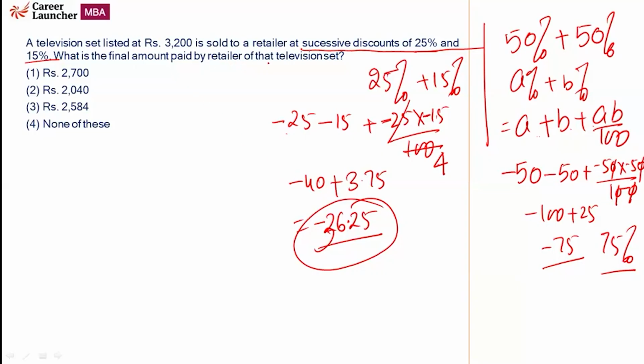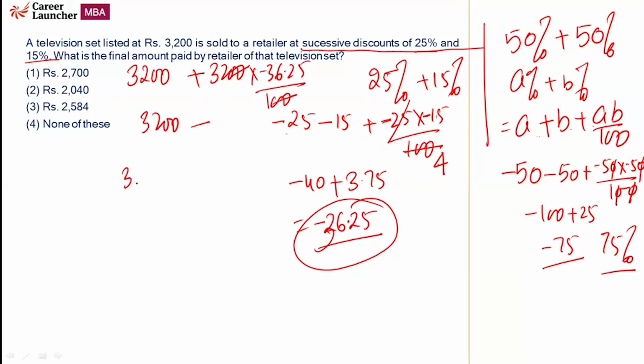Now the final amount paid by retailer on that television set is, what was the initial price? 3200. This is the discount that you are giving. Means 3200 ka minus 36.25, this much of discount is offered. I'll cancel this. I'll say 3200 plus into minus minus hota hai.